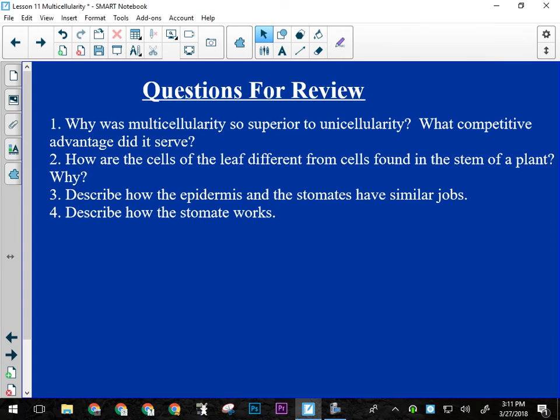All right, so first off, multicellularity superior to unicellularity, so being multicellular versus being single-celled. What are some of the competitive advantages?